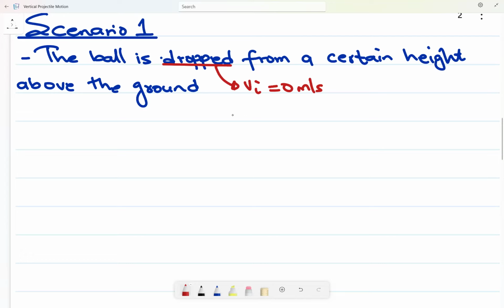All right. Now, let's have a sketch. This particular person drops the ball.